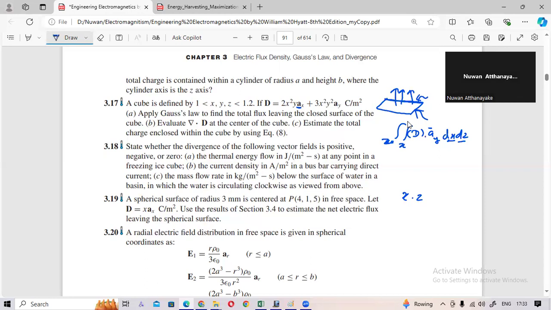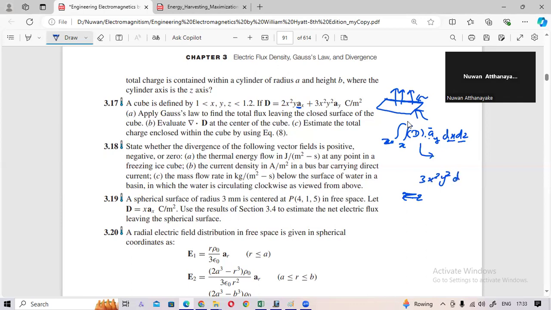For example, in this integration, ay hat dot ay hat gives a value of 1, so that value will be 3x squared y squared.